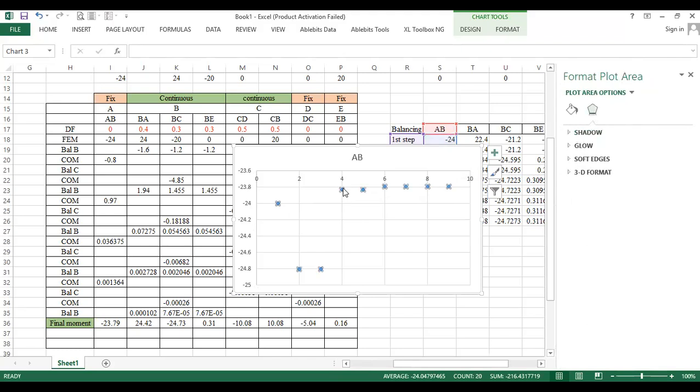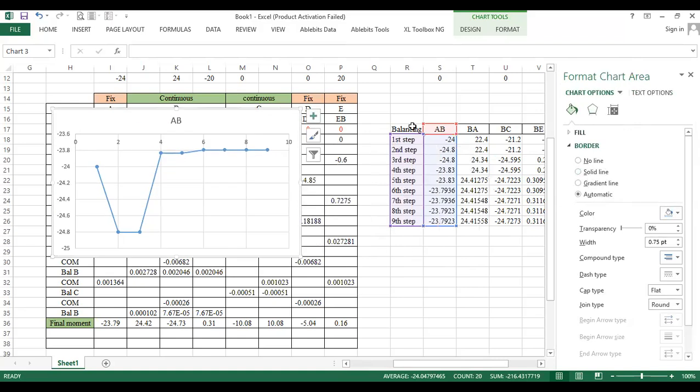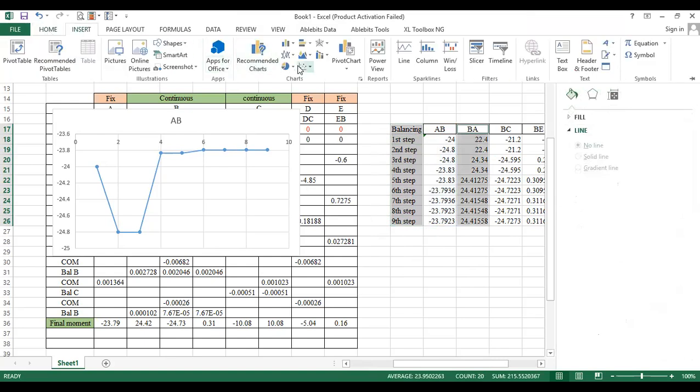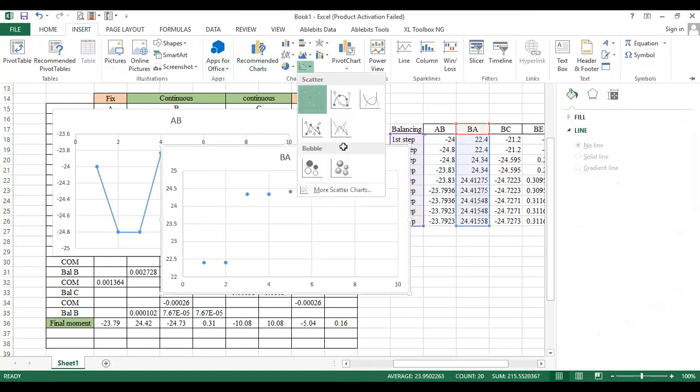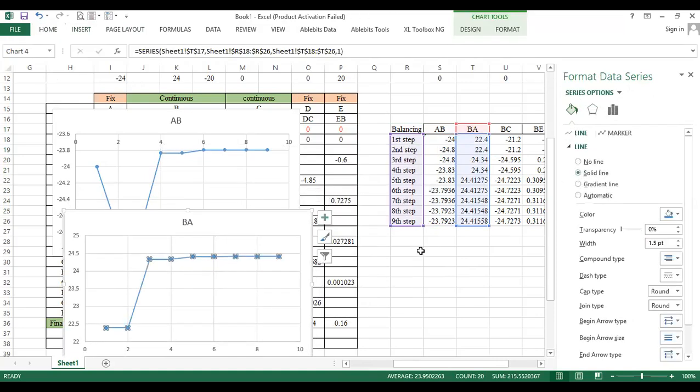So if you draw a line, you can see, right, for AB, right? This is for, let's say, BA. That's also converging, right? You can see it's converging to 24.5, right?